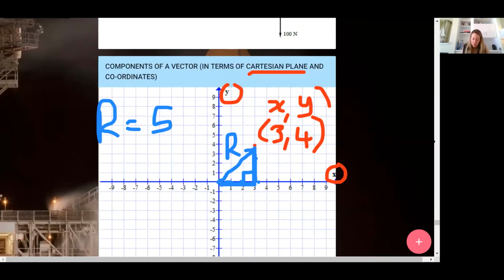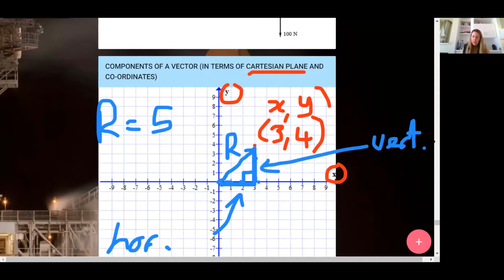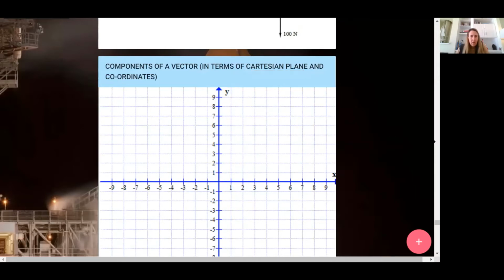But what we are trying to focus on at this stage are the horizontal and vertical components of that vector r. We call them, as I have said, components. So you can take any skew vector and break it up into its horizontal and vertical component. If I, for example, take a line here, and I say that is my vector r, can we please break it into its vertical and horizontal components?